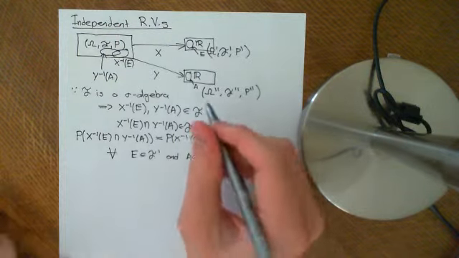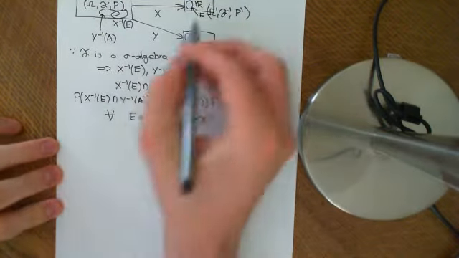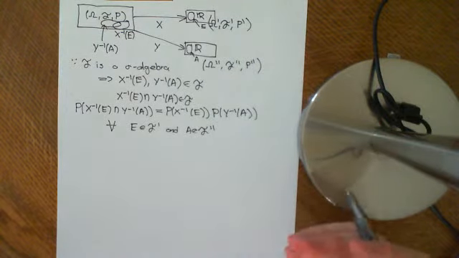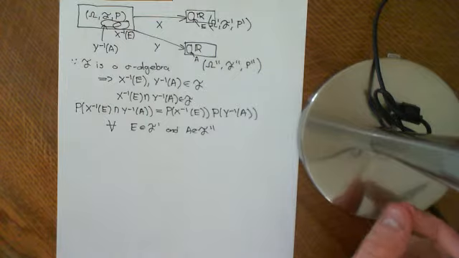Okay, so what we then said is, events in discrete random variables are just unions of the sets containing single outcomes.